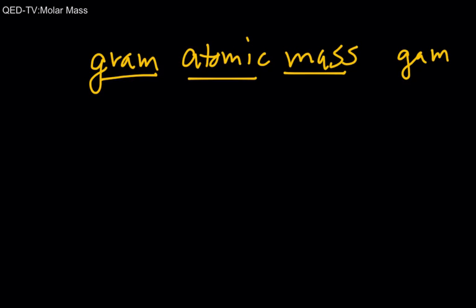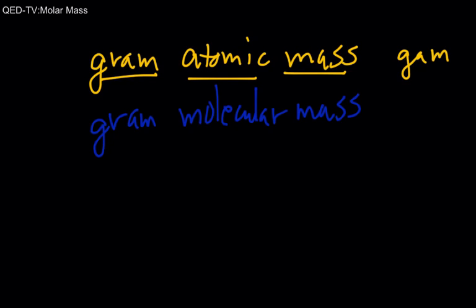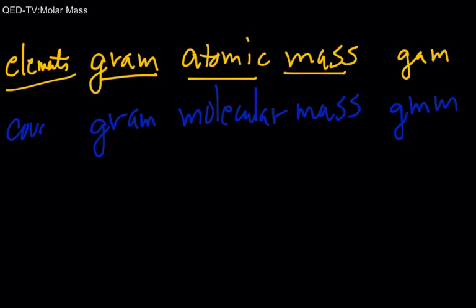If I'm trying to find the mass of a mole of water, we would call that the gram molecular mass, or the GMM. So this one here is basically for elements, and this one here would be for covalent compounds.